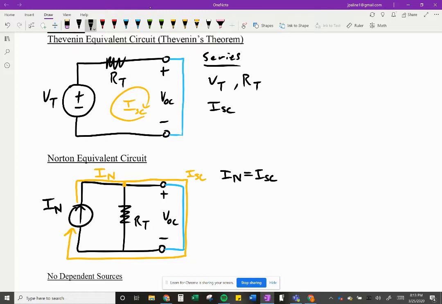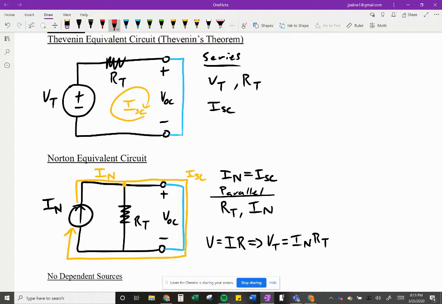And we still have the R Thevenin, and we have an I Norton. But these are going to be in parallel. And how do we relate these two, though? We'll use Ohm's law. So V is equal to IR, where we will write V Thevenin is equal to I Norton times R Thevenin. And that goes for both cases. So this is how we get back and forth between these two.